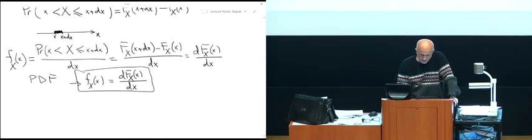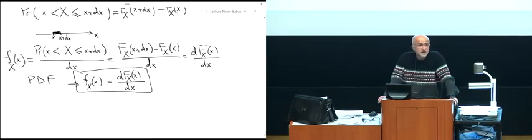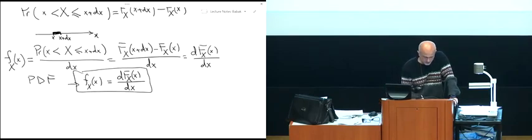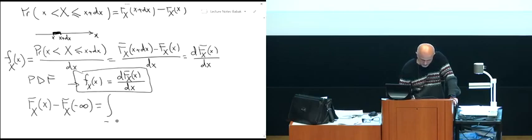Now, not always is the CDF continuous or differentiable. And in those cases, you've got to be careful about how you interpret this derivative. But there's another way to think about this, which is that F_X(x) minus F_X at minus infinity can be written as this.